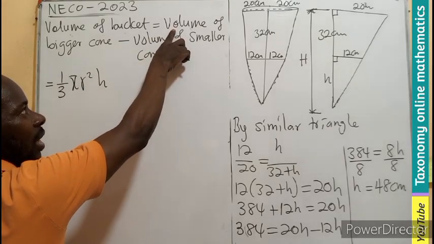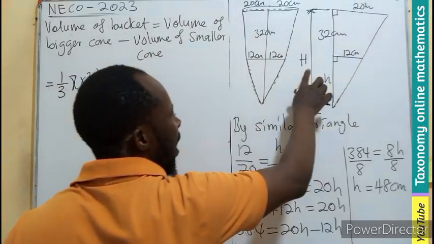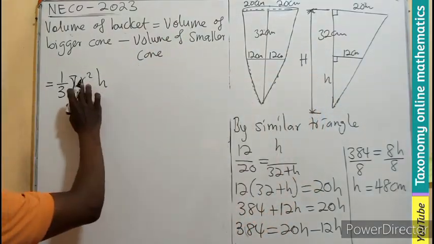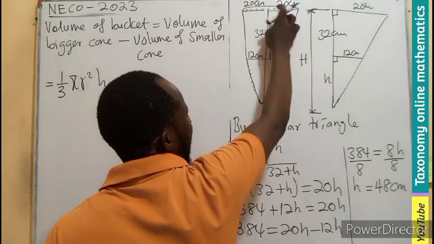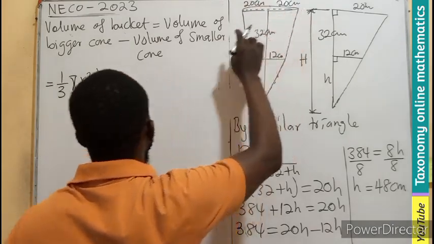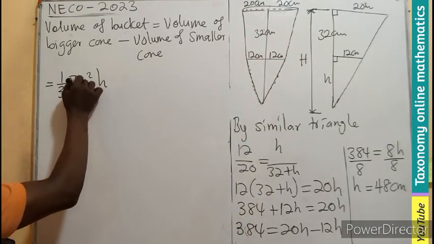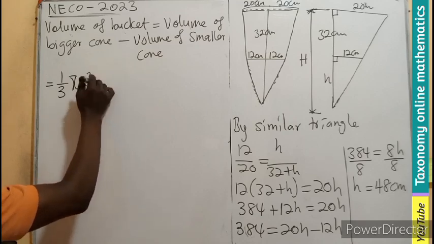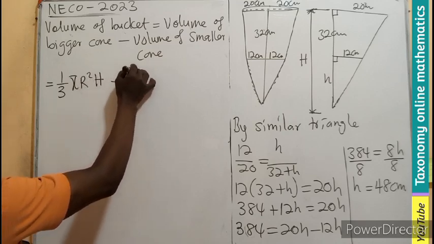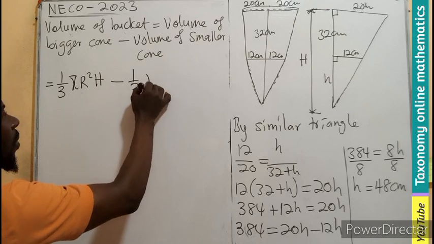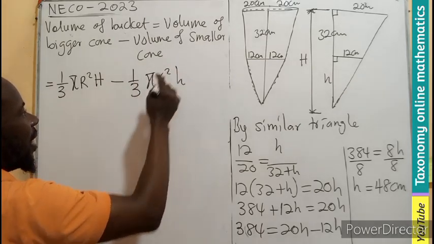But the bigger cone here is using the longest radius, so I'll use capital R, then I use capital H, minus 1/3 pi r squared h.